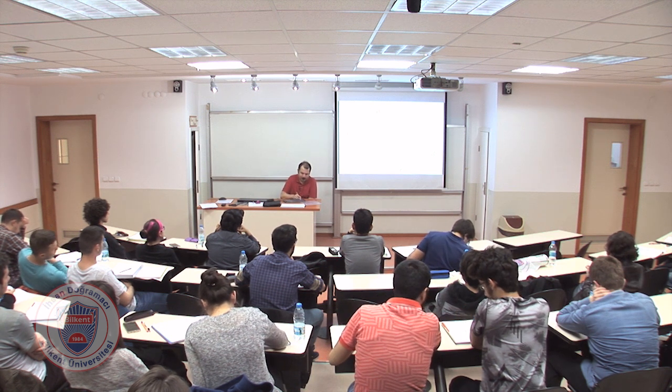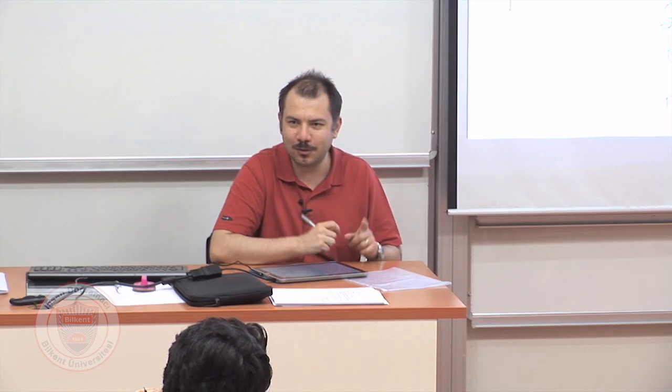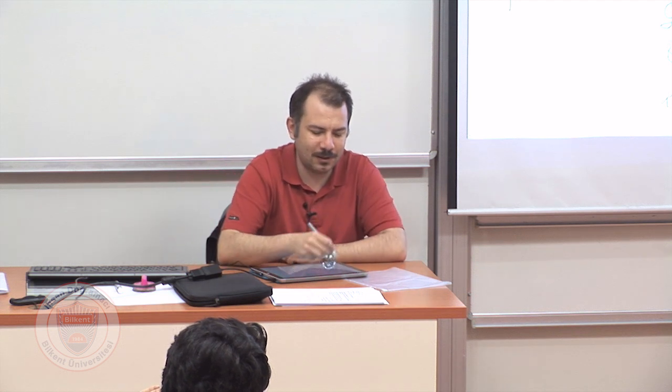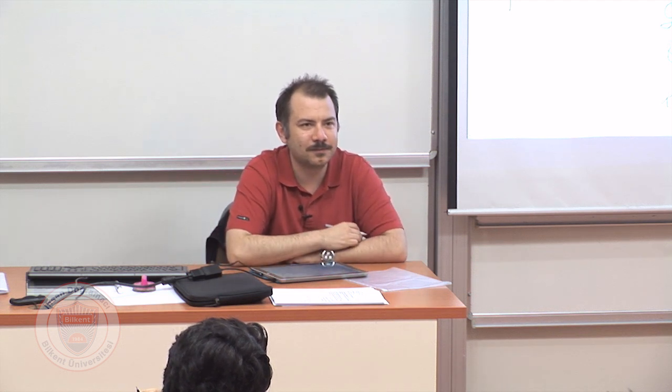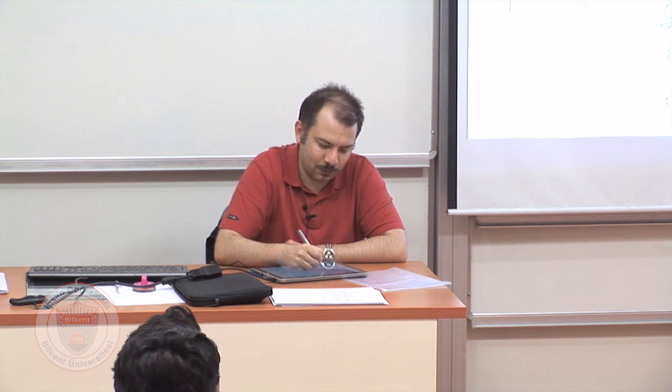Because the currents are running in the same direction on the left side of the loop, the force will be attractive. On the right side it will be opposite to that, because the currents are running in the opposite direction. And in the other two cases, the forces will be like this. I'll call this F1, F2, F3, and F4.